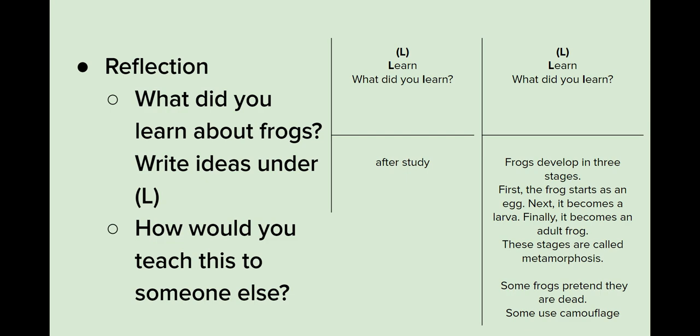Scientific studies have shown that if you use this kind of reflective activity and think, how would I teach this to somebody else? Very simply, it helps you remember the information a lot longer. So this simple technique, K, W, and L, is really going to help organize your learning.